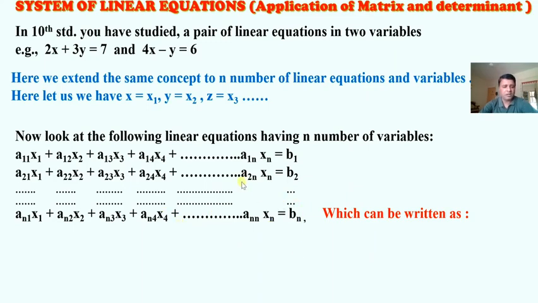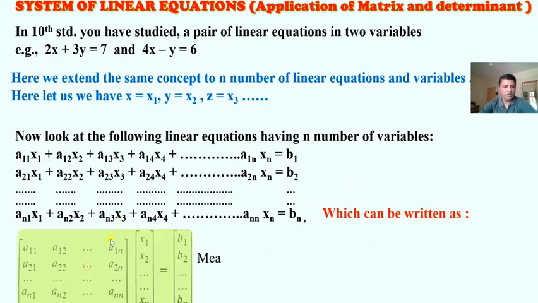These equations can also be written in matrix form this way: a11, a12 up to a1n, then a21, a22, a2n, and so on up to the last one, ann.